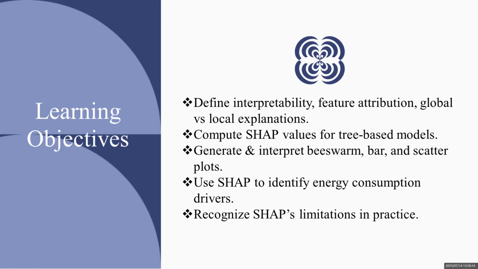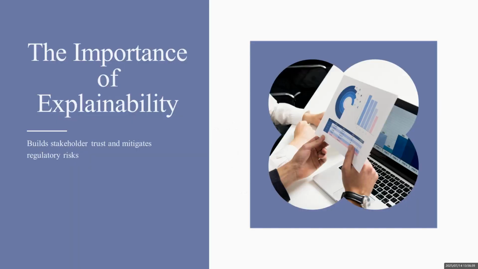Secondly, you should be able to compute SHAP values for tree-based models, as well as generate and interpret the beeswarm plot, bar plot, and scatter plot. You should be able to use SHAP to identify energy consumption drivers. And finally, recognize SHAP's limitations in practice.